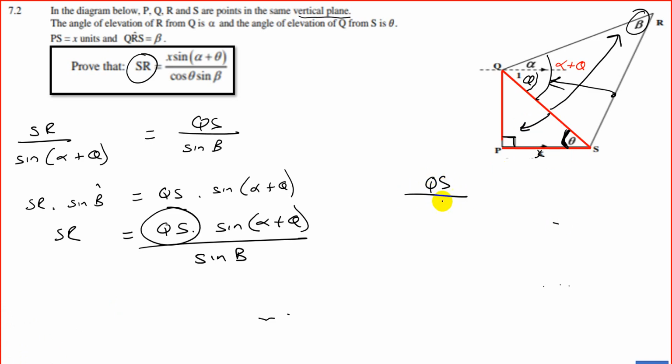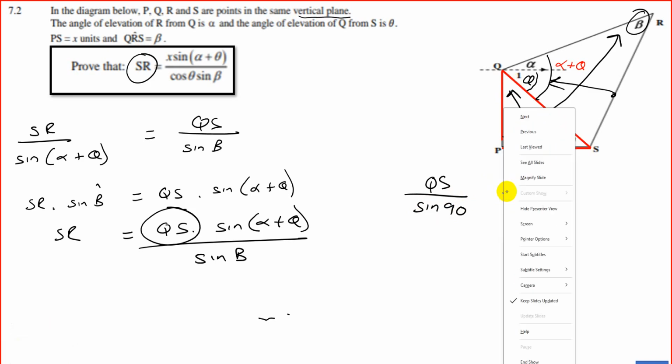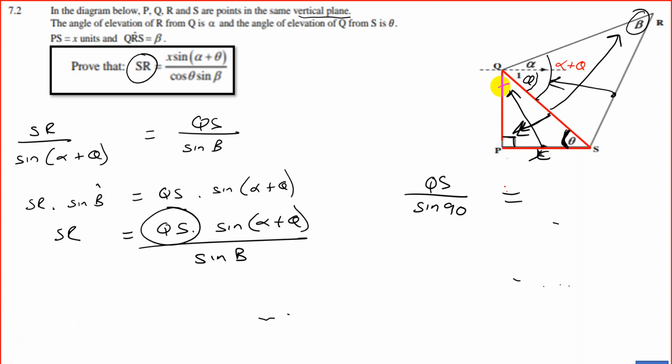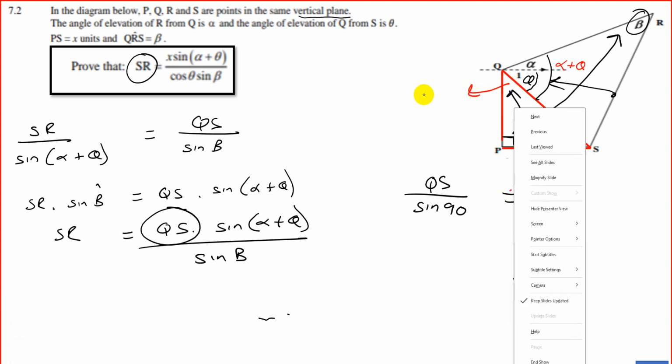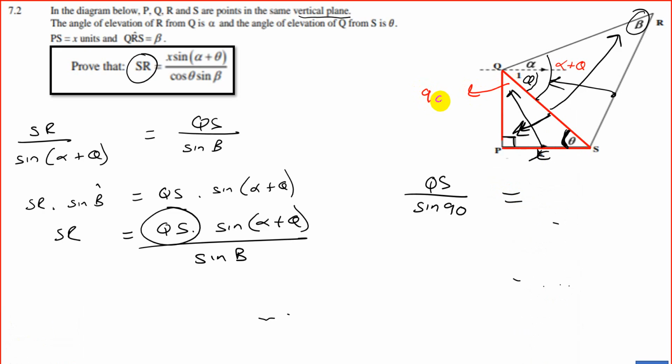And we would get QS over sine 90 is equal to X, because it's given, and we need the angle opposite X. We can use the sum of angles of a triangle. In the red triangle we have a 90, we have a theta, and so this angle here at Q would actually be 90 minus theta.